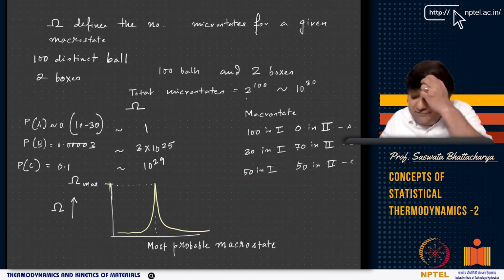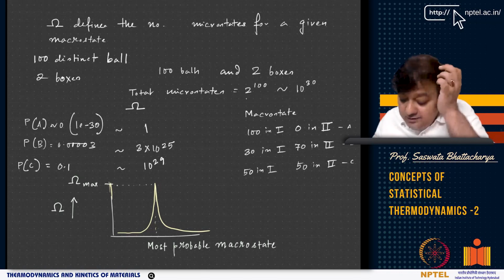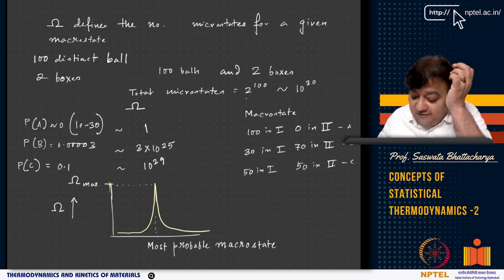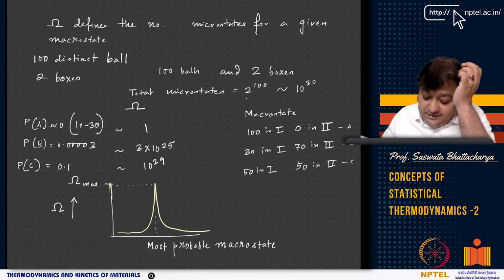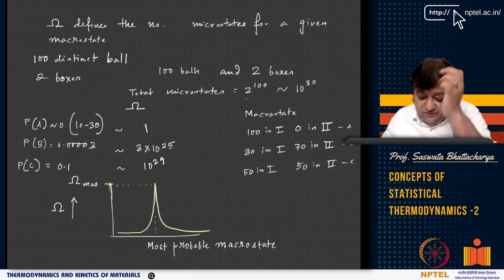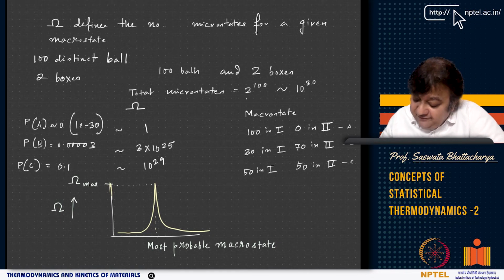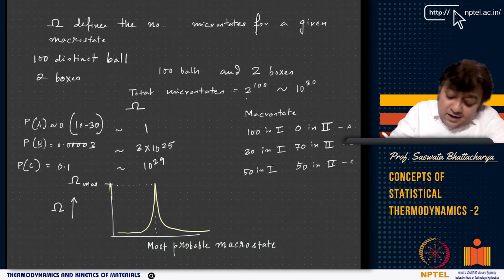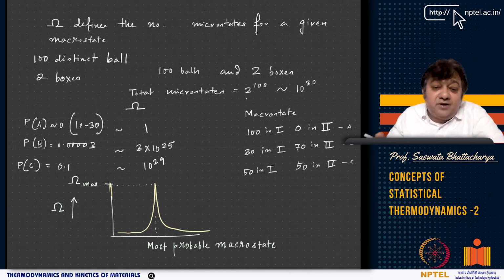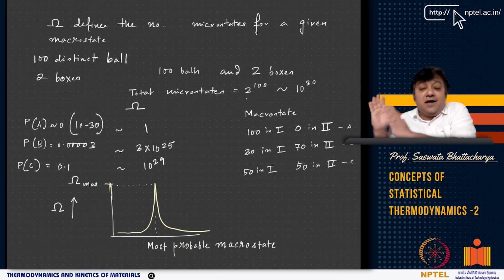Now, if I have to tell you how to find the combination of 15 in 1 and 15 in 2, for example, how many ways can I arrange these 100 balls so that 50 balls are in 1 and 50 balls are in 2, what will you do?